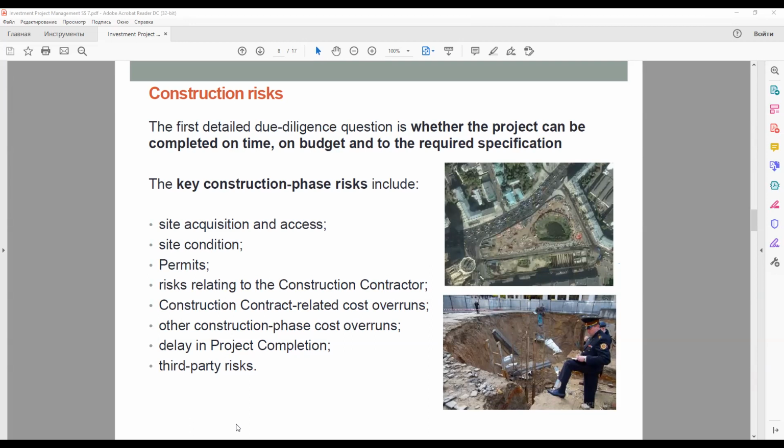And the second example, again with this shopping mall, the sewage collector used for the local community.